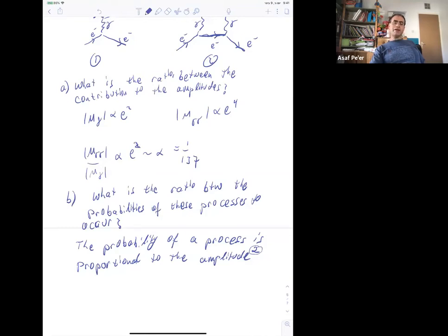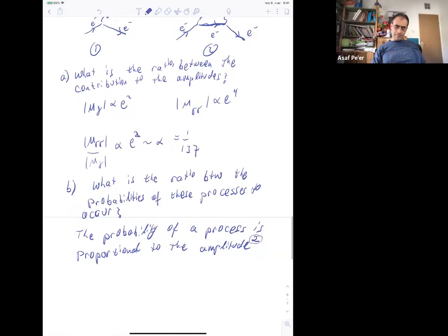If you make a theoretical calculation based only on diagram number 1, you're going to get a result in excellent agreement with the experimental results, but it will deviate at a level of 10 to the minus 4.